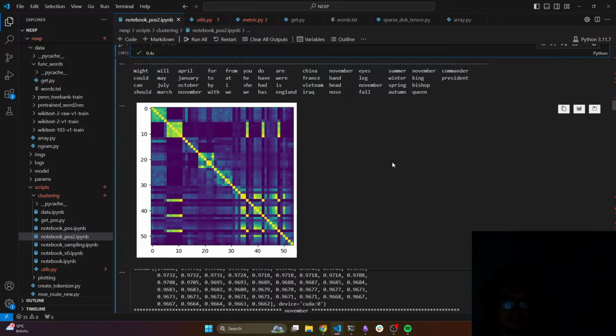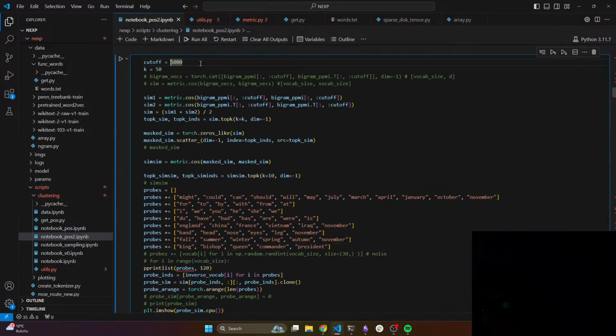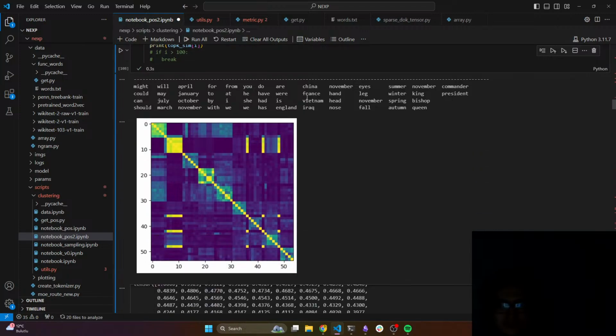You know what? Now what if we use less context? Once again, if you use less context, suddenly these clusters pop out more. Now I use a bit less context. Now look.